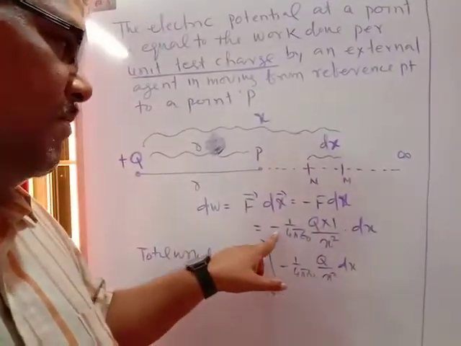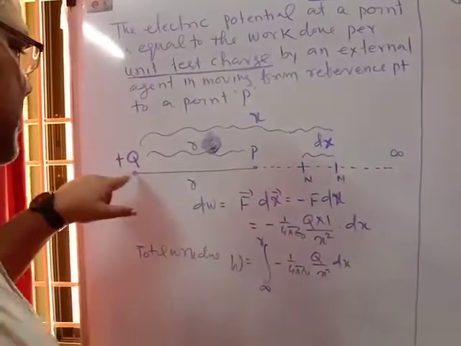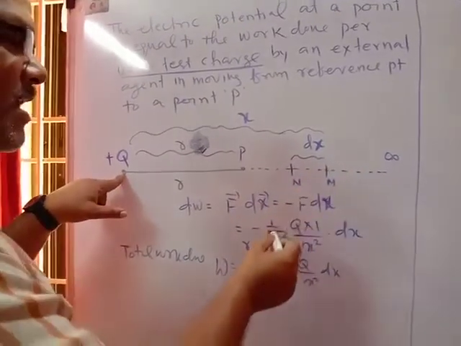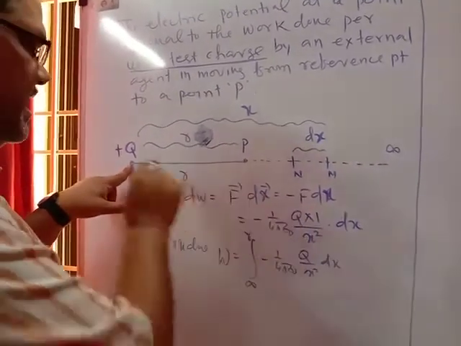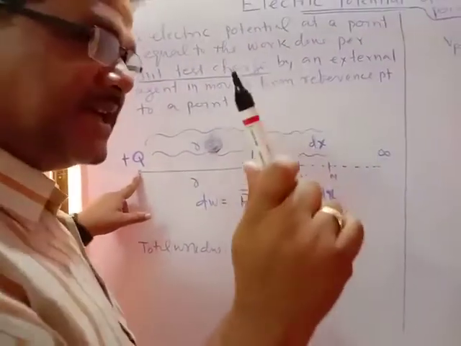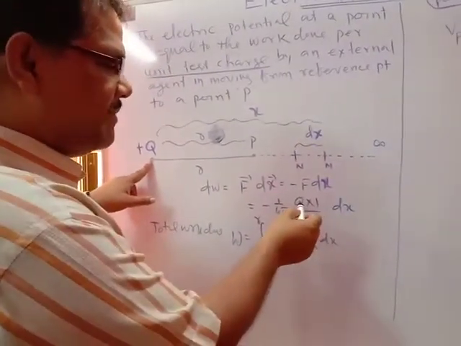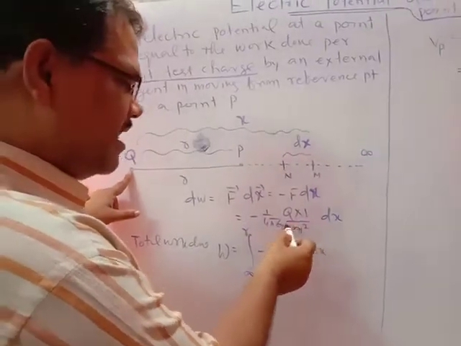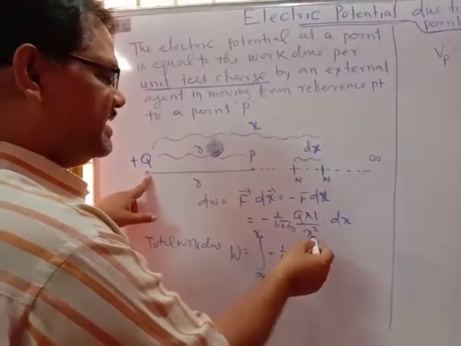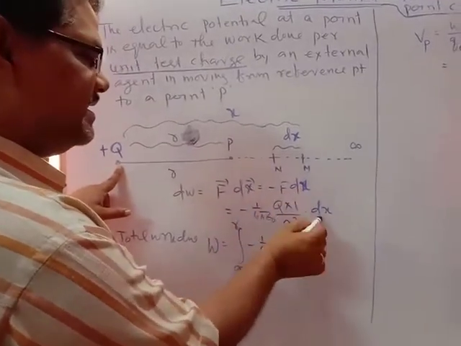And this is equal to minus, what is the electric force between the plus Q and the test charge here? The force equals 1 upon 4 pi epsilon naught, capital Q, and the unit test charge has magnitude 1, into 1 upon x square, where the distance from Q to M equals x, and then dx.